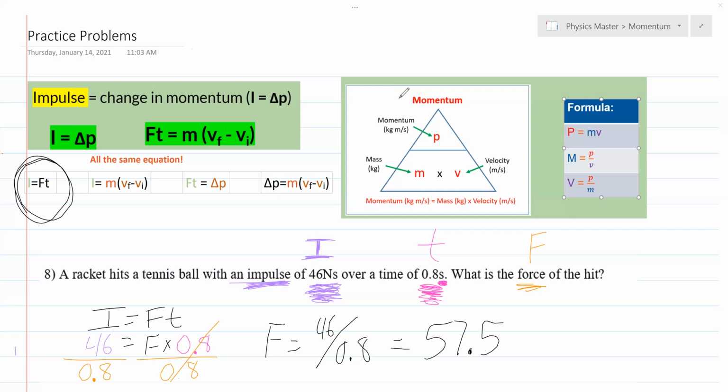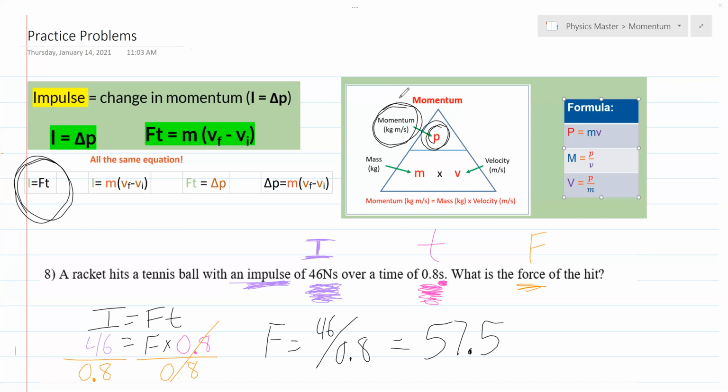Kilograms, meters per second. But you said momentum, right? I thought we were solving for F. Force is totally different from momentum. Here's momentum over here.